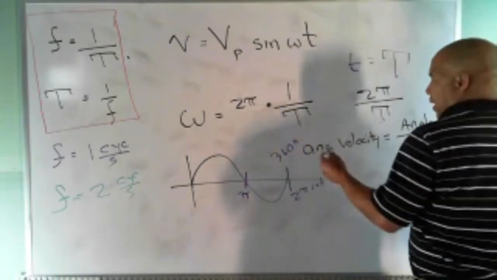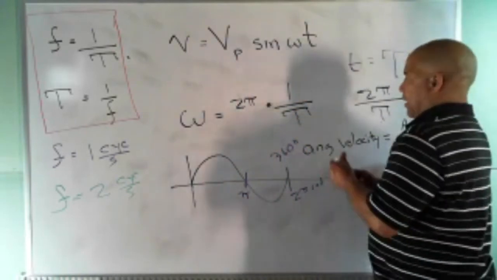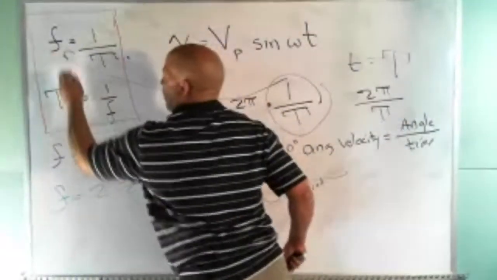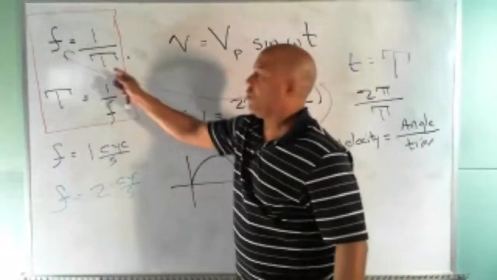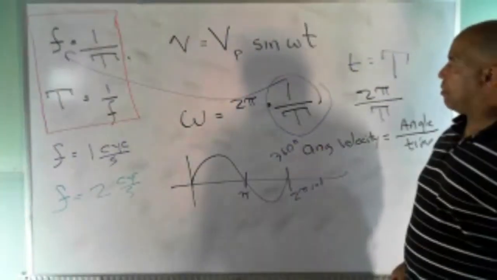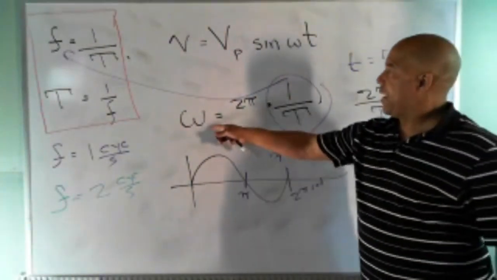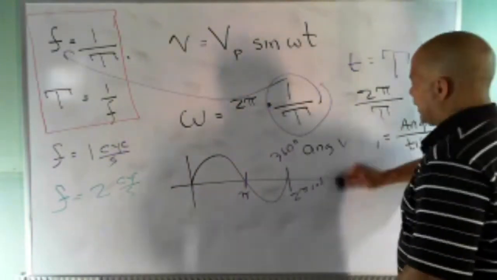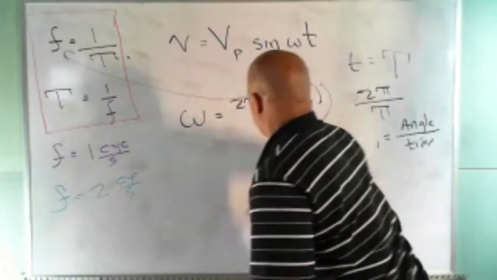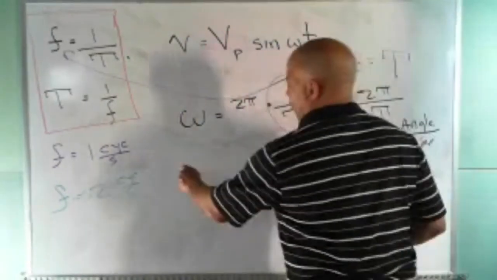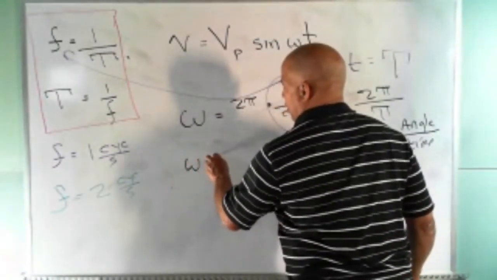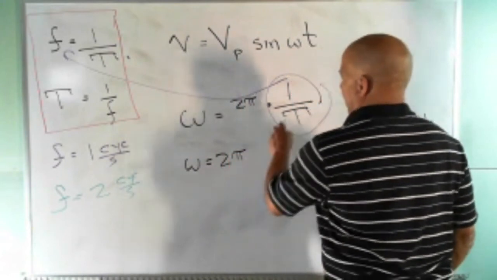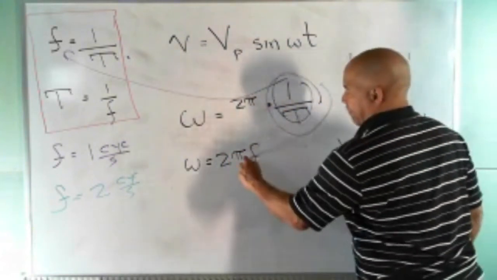But by showing it this way, you can see clearly that this thing right here is really that, right? Frequency is 1 over period. So omega, following that logic, really is equal to 2 pi, and this thing right here is equal to f.